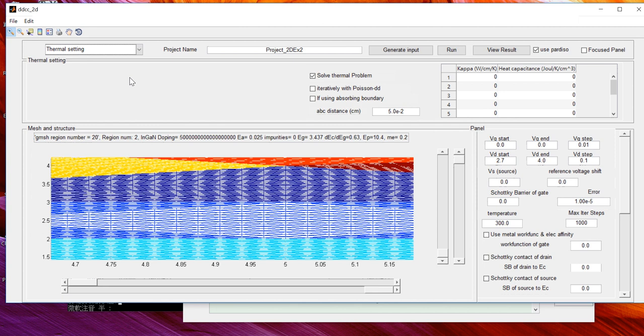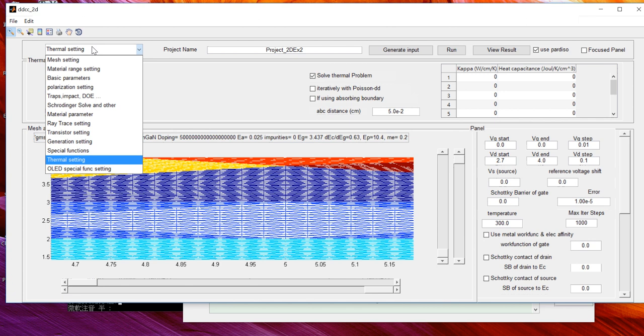Okay, so right now you can directly solve the thermal problem, but not iteratively. But anyway, the heat function, if you are not familiar with that, just don't try it at this moment. And I will also change the interface. I'm trying to make it complete.